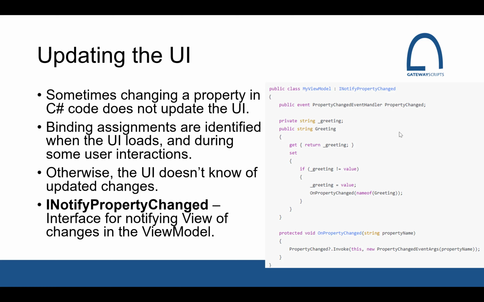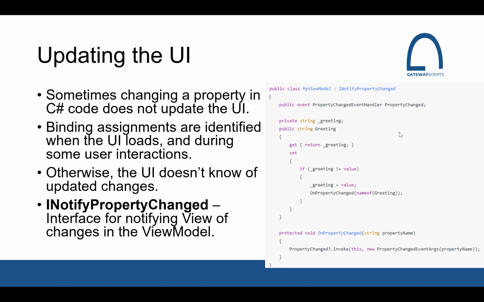The reason is that the UI identifies all of its binding expressions and the values of those binding expressions when the user interface is loaded. Sometimes the user can click a button or change a value in a combo box, and the user interface is notified of that change as well, and so you can see that change. But otherwise, the UI doesn't know to reevaluate its binding properties for changes on properties in the view model.